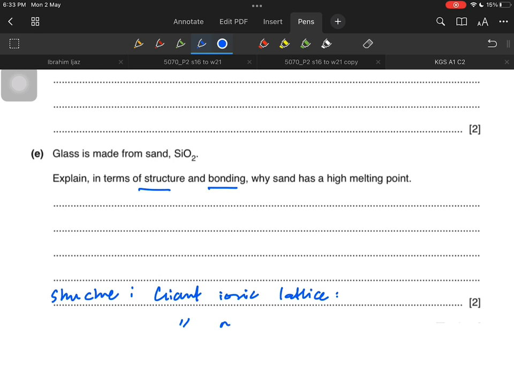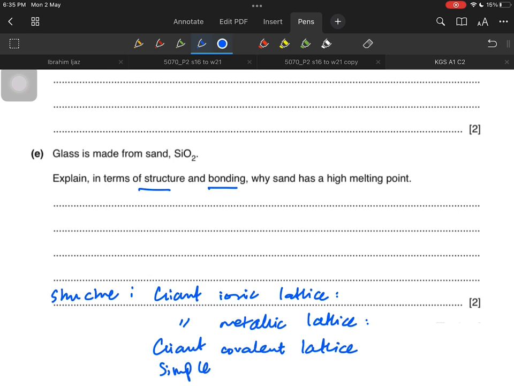It could be giant metallic lattice. These are the keywords that could be used for structure. It could be a giant covalent molecule or giant covalent lattice. It could be simple covalent molecule, so simple molecules. These are the words that can be used for structure.